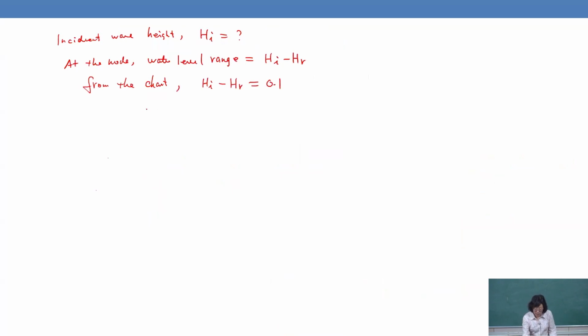And then the water level range at the antinode, that's HI plus HR.